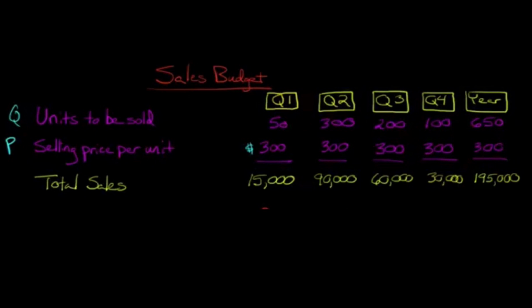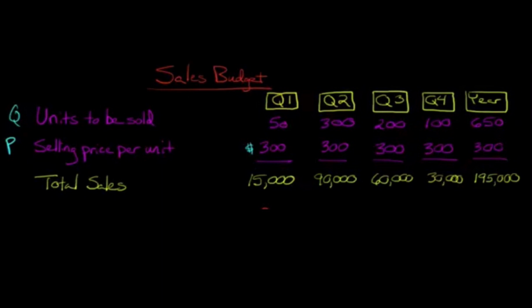Imagine you have a fourth quarter: first, second, third, and fourth quarter. And for the first quarter is 50, second quarter is 300, third quarter is 200, and fourth quarter is 100. This is the units to be sold. And for your selling price per unit, lahat sila is 300.